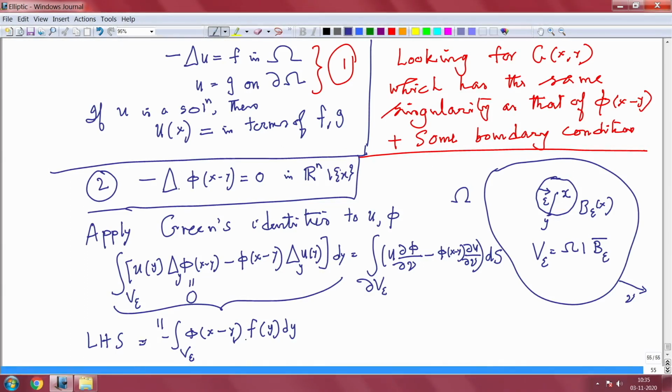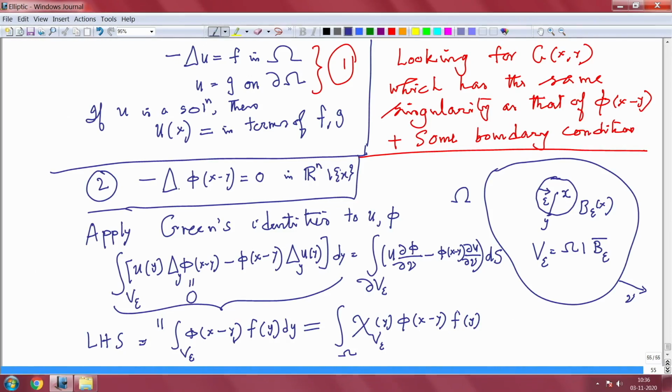So, you can apply the Lebesgue dominated convergence theorem, if you want. F is already replaced by minus Laplacian of u, so there is no psi here. If you want, you can write chi of V epsilon of y times phi of x minus y times f of y dy.